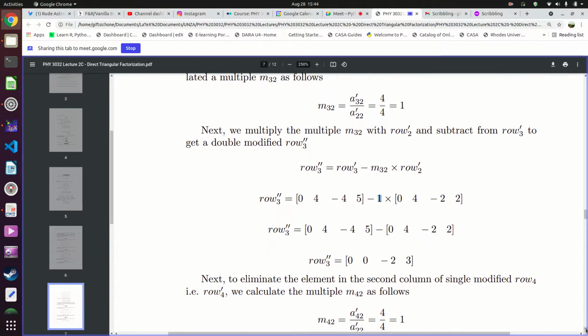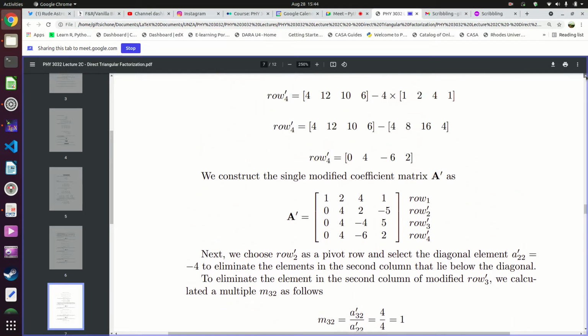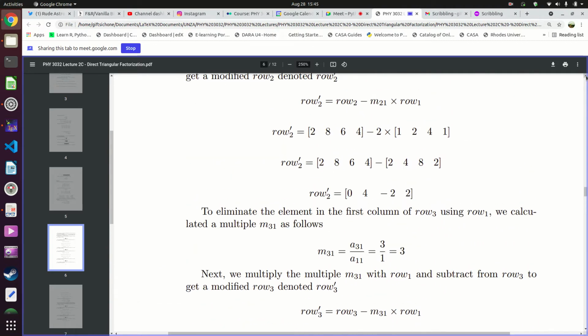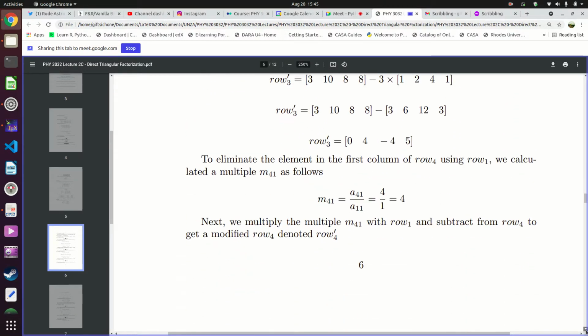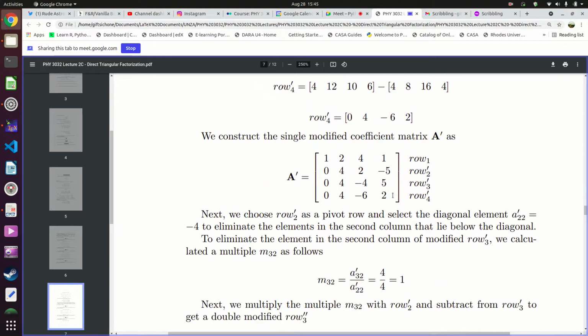Which I've done. How could I see this? How can I understand this? Row number 2. So 0, 4, minus 2, 2. So it's me who typed something wrong. So this is supposed to be a 2.